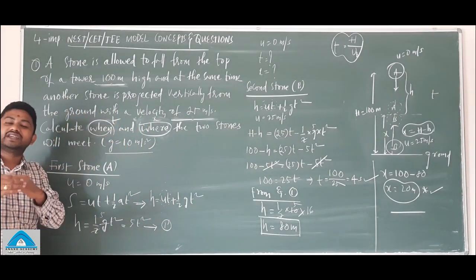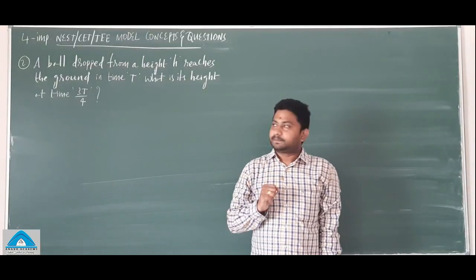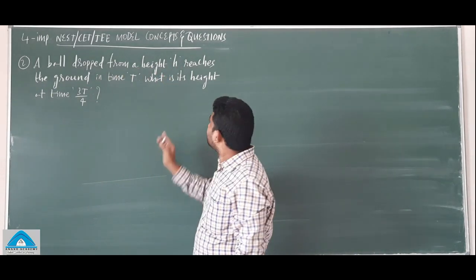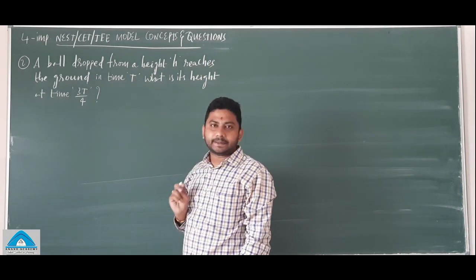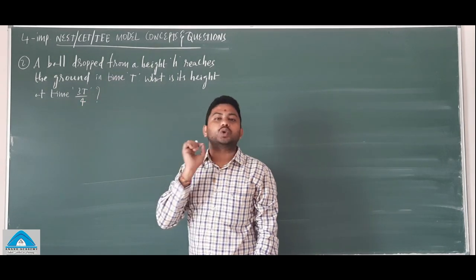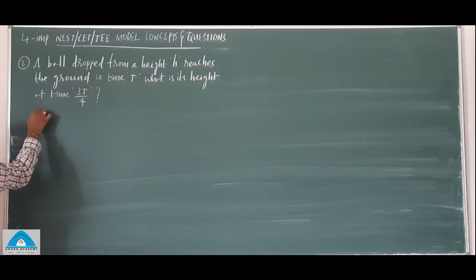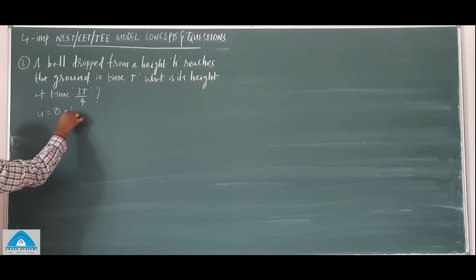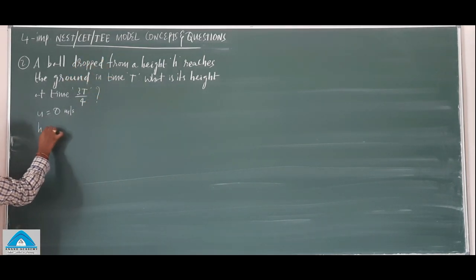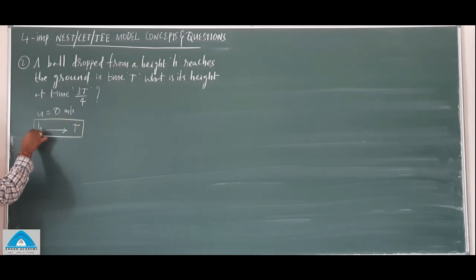Now we will be moving into the next concept, the second model. A ball dropped from a height h, small h, reaches the ground in a time t. What is its height at the time 3t by 4? A ball dropped means initial velocity is 0 meters per second. It covers a height h in a time t, which is the total height and the total time.